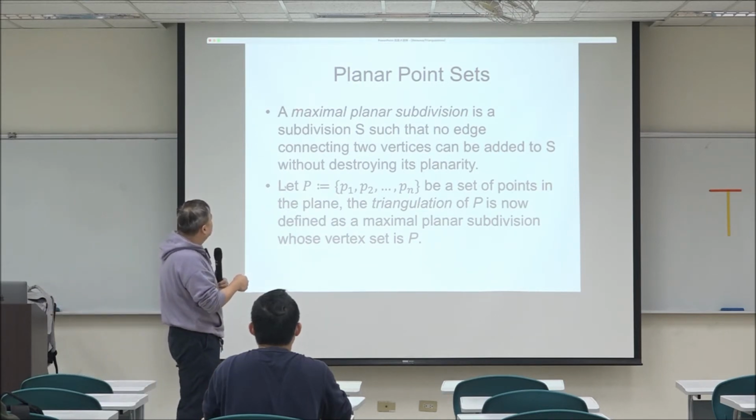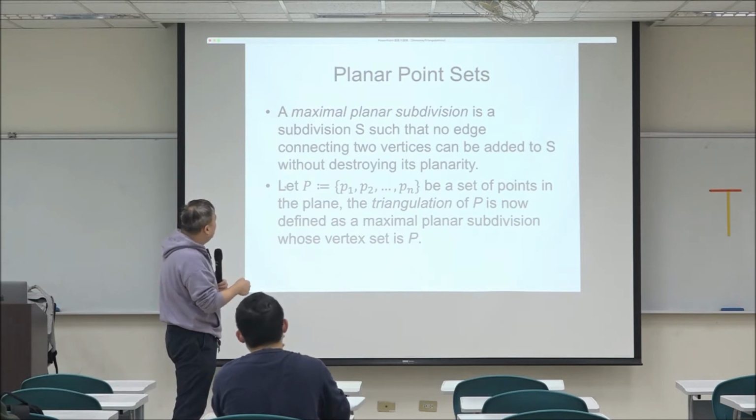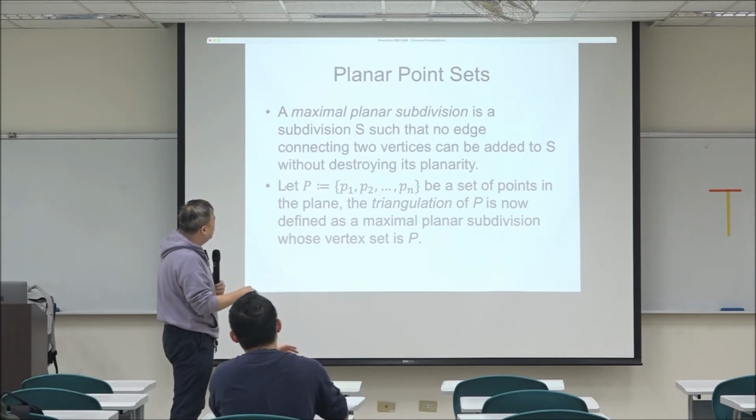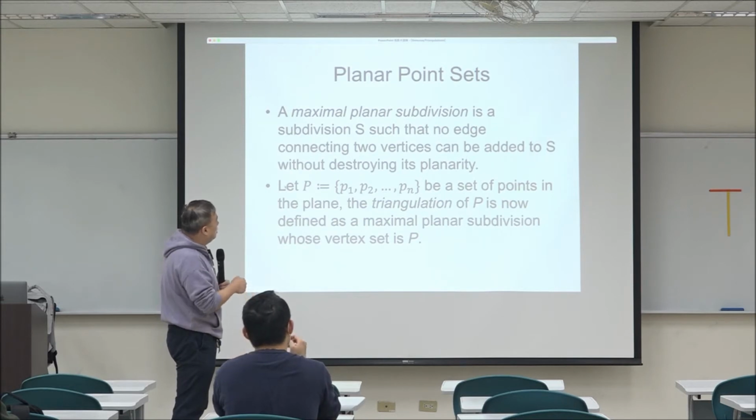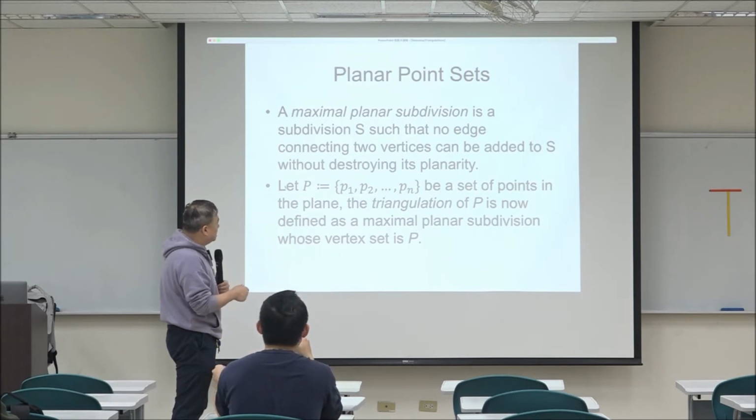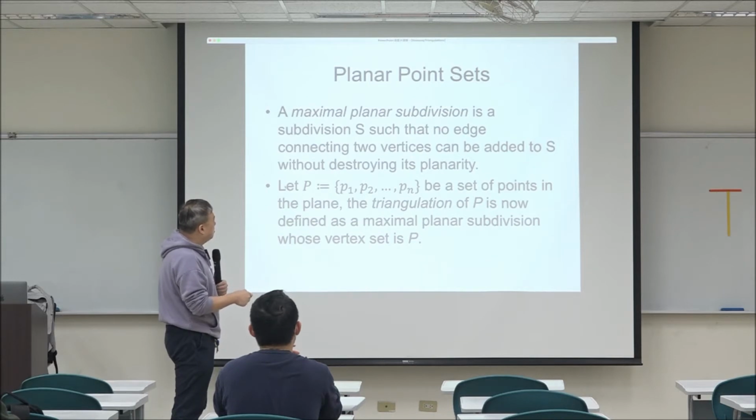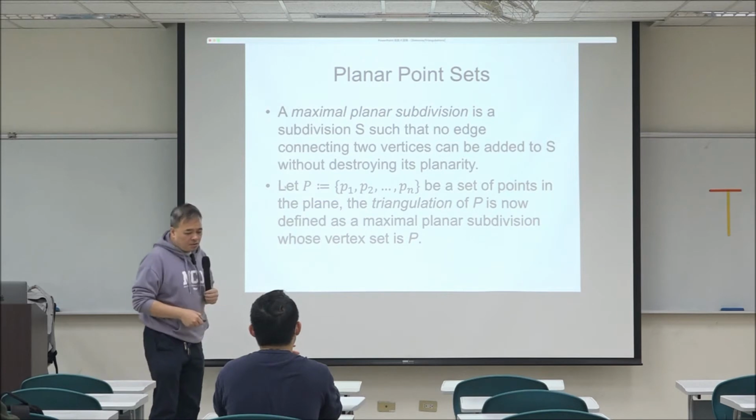So, let's first define what we call a maximal planar subdivision. What is a maximal planar subdivision? It is a subdivision S such that no edge connecting two vertices can be added to S without destroying its planarity.